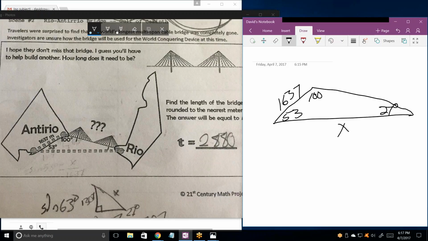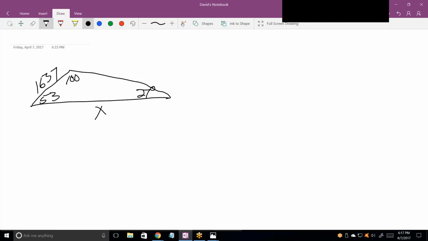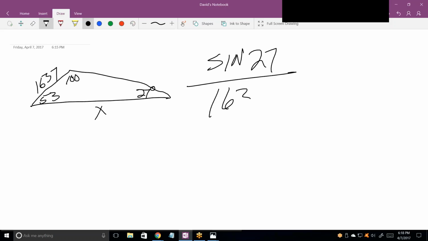Oh, yeah. Okay, so let's forget the problem they've given us and solve this picture. So what can you tell me? Start with the sine of an angle. The sine of 27 degrees over 1637 equals the sine of 100 degrees over x.